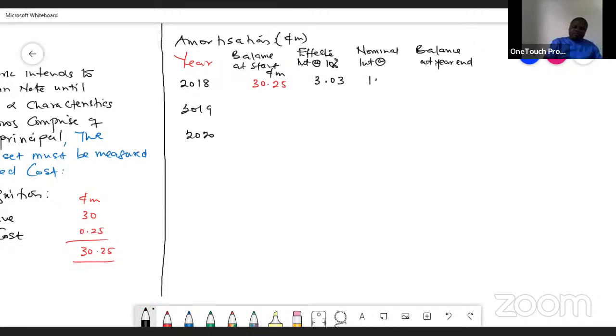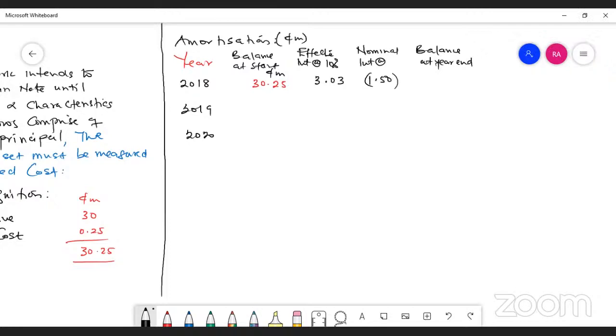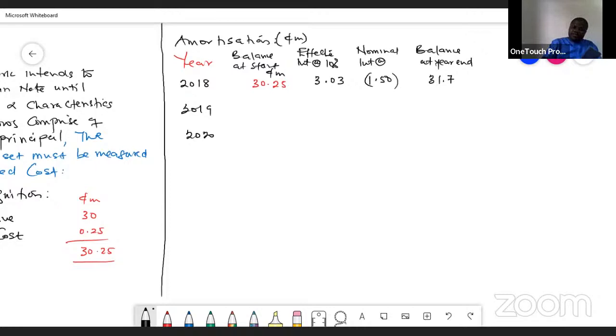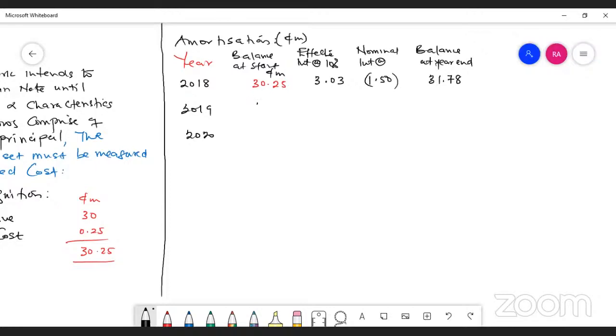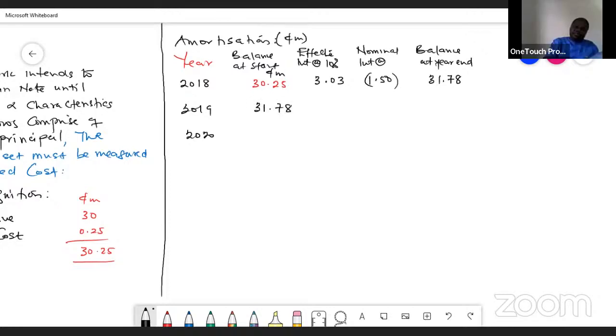So nominal is 1.5. So let's add and deduct the 1.5. How much are you getting? 31.78. So we have 31.78. So times 10% will give us 3.18. So minus 1.5.